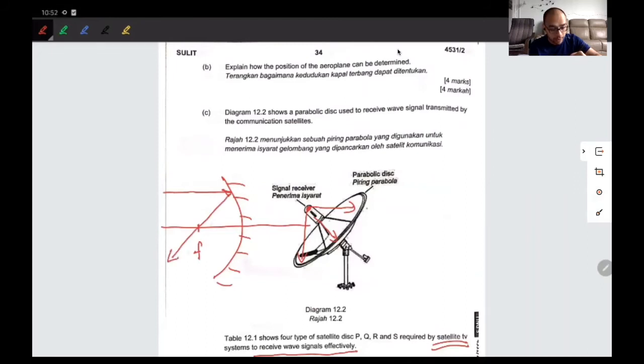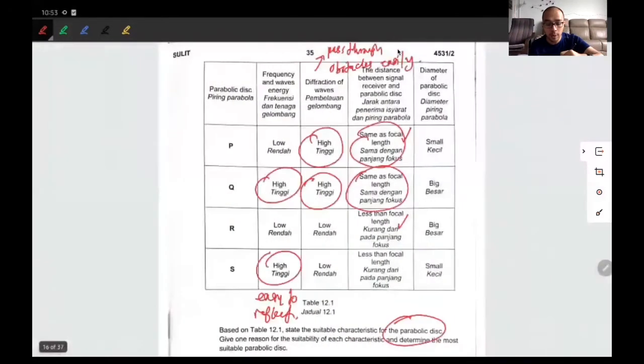So if you have a light coming here, once it reflects, it will reflect over here. So the position of your signal receiver and the parabolic disc should be ngam-ngam at the focal length of the parabolic disc. Parabolic disc, piring makan, so it looks like a mirror lah. So we want it to be same as the focal length.